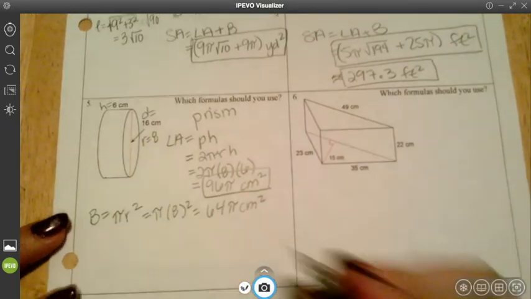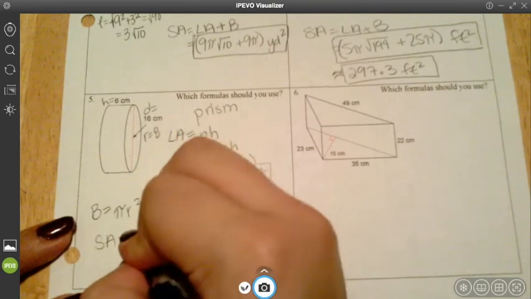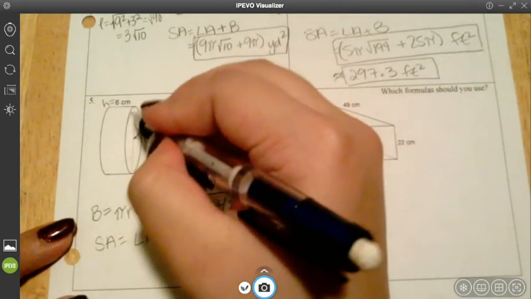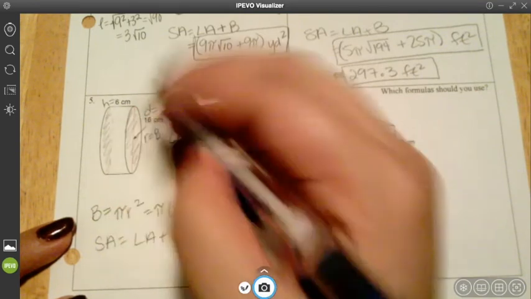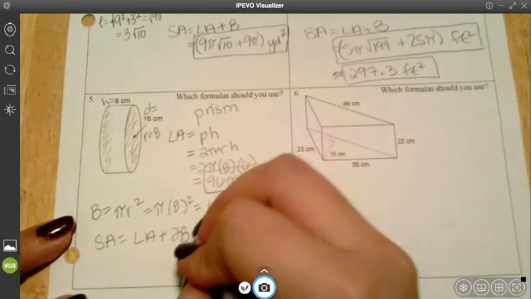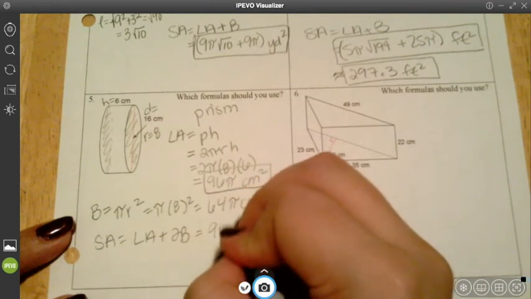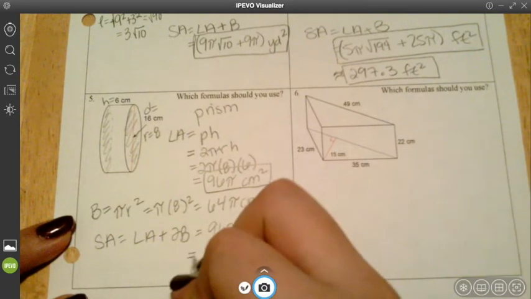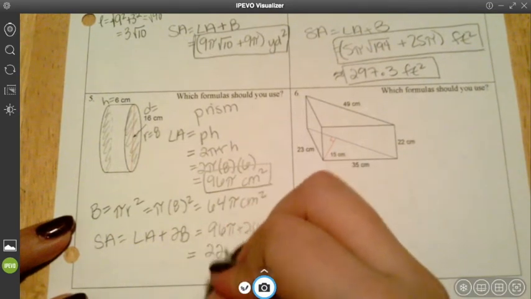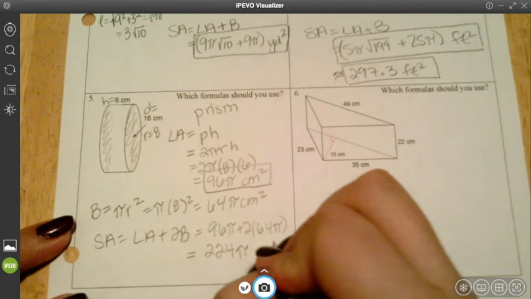And finally, surface area, which is our lateral area plus 2 bases. So that's 96 pi plus 2 times 64 pi, leaving us with 224 pi square centimeters.